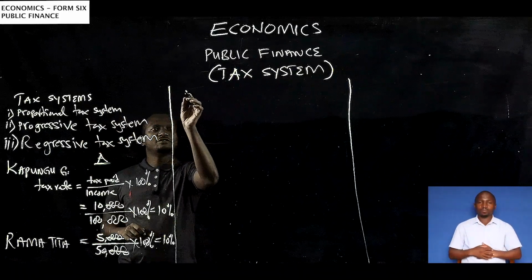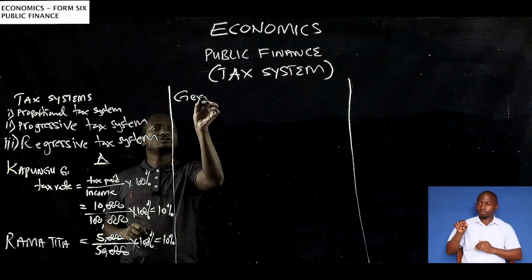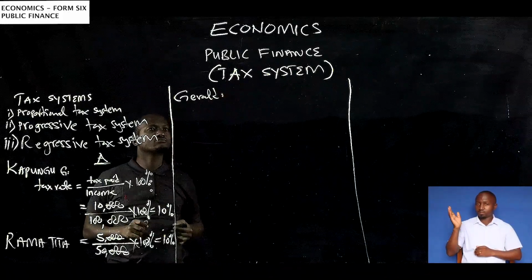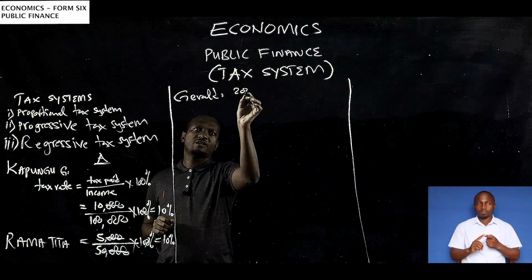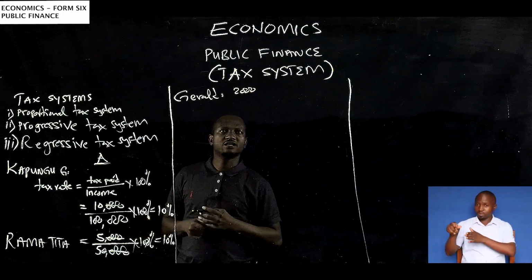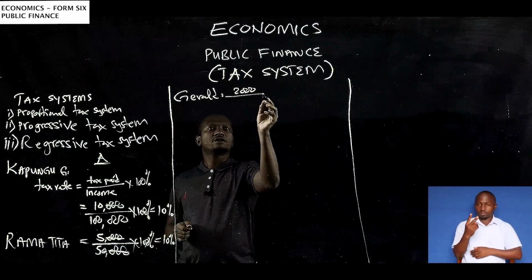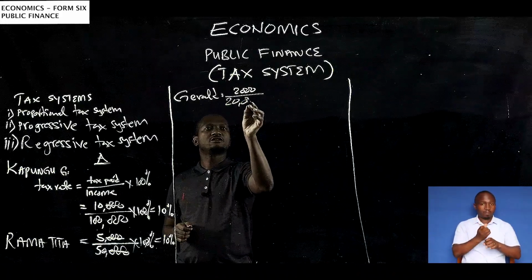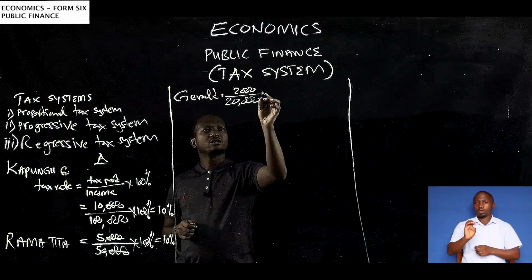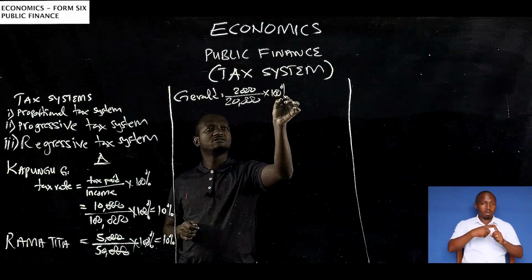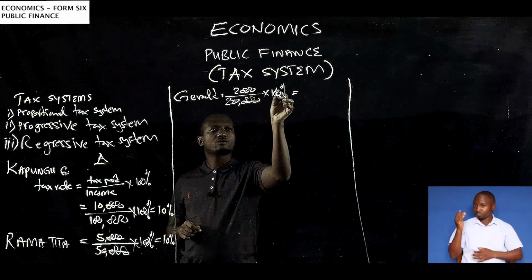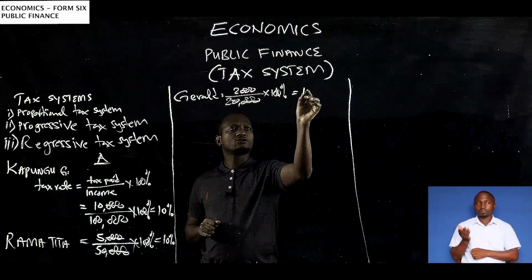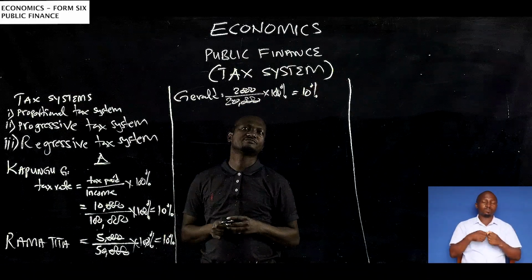And Gerard, tax paid is 2,000. His income was 20,000 times 100%. Here we get also 10%.